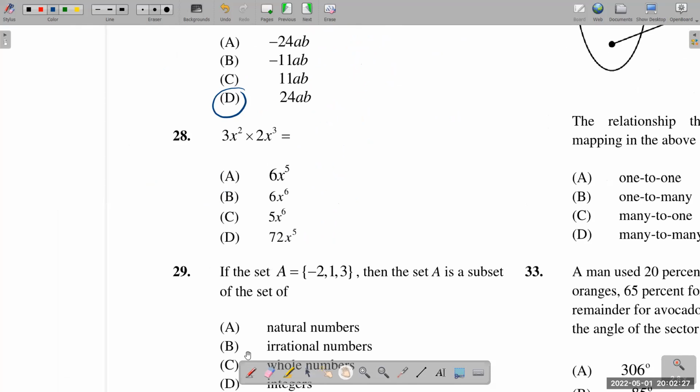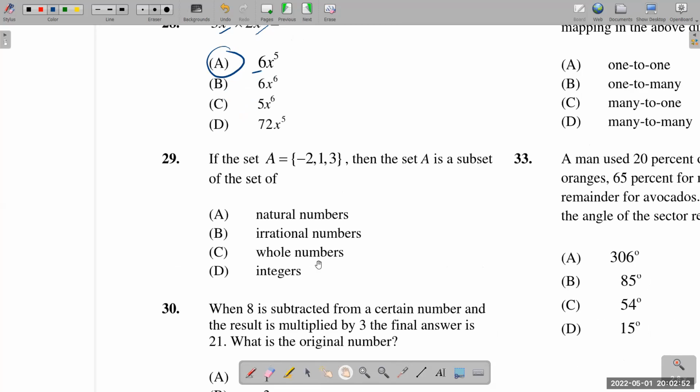What's the answer for 28? Is it A or B? Excellent. 3 times 2 is 6, but x squared times x cubed, you add the powers, so you get 5 and not 6. Please don't ever do that. Multiply the powers.